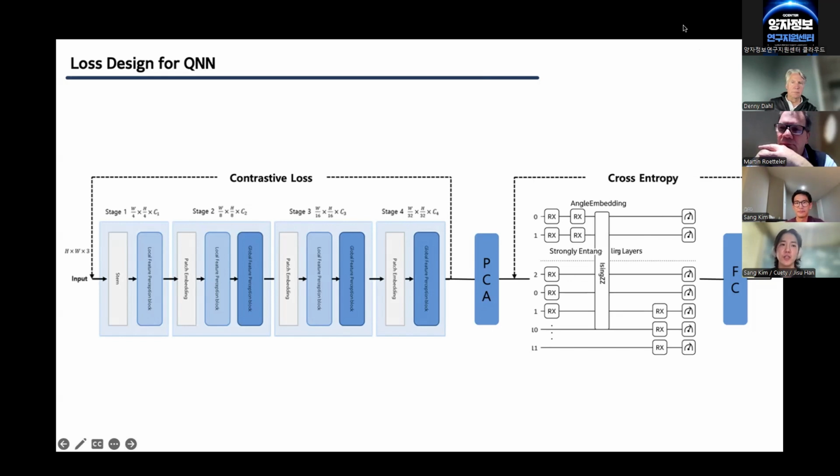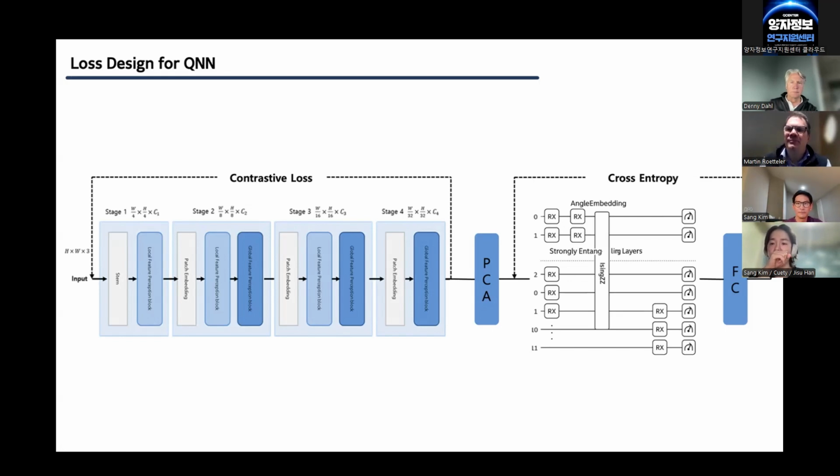Actually, in the QNN, we use a fully connected layer as the last layer for our probability from the measurement of the quantum circuit. Oh, I see. It's the final fully connected last layer. Yeah.